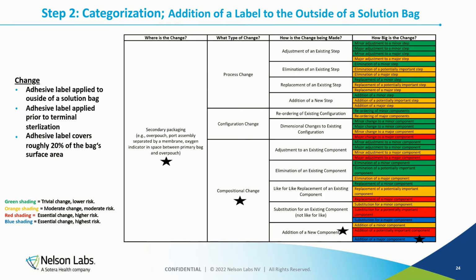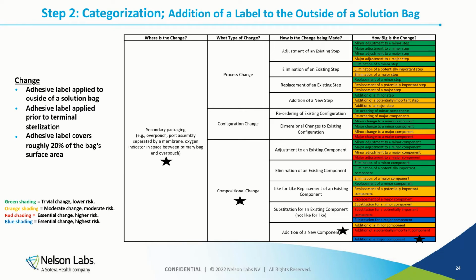The adhesive label is 20% of the bag surface area, so it's a pretty darn big label. It's applied before terminal sterilization, so there's plenty of thermal driving force for leachables to get through the container closure system.